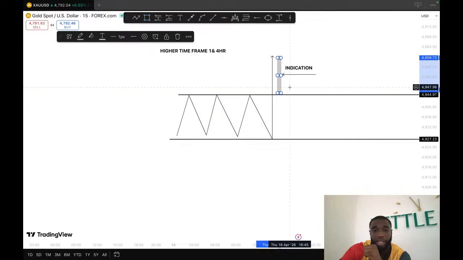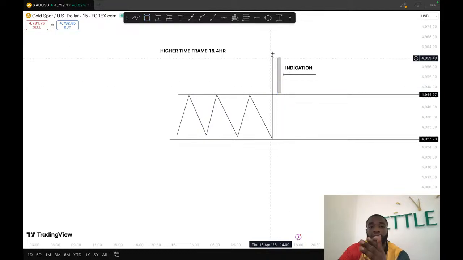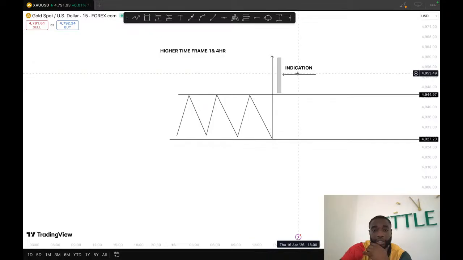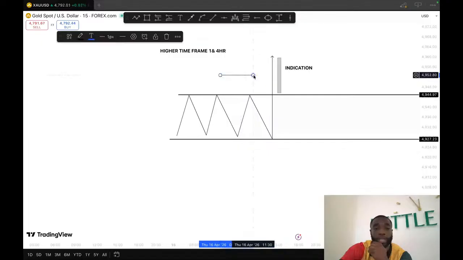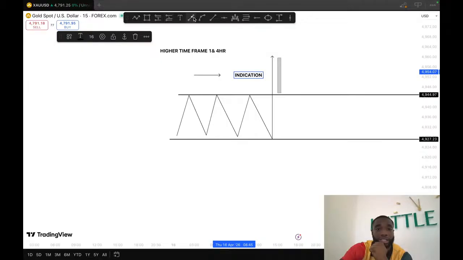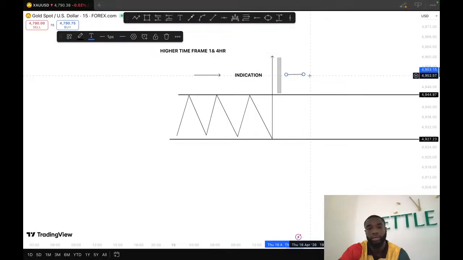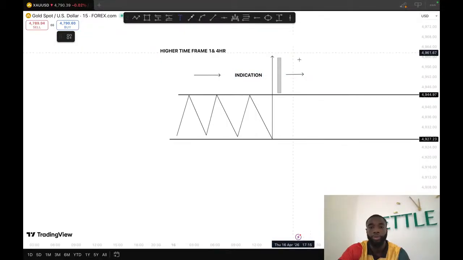Okay, so when price makes this pullback, on the lower time frame, because you're trying to minimize your risk the most, I'm going to label this pullback.